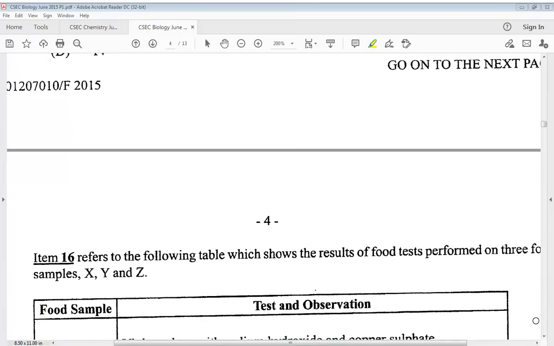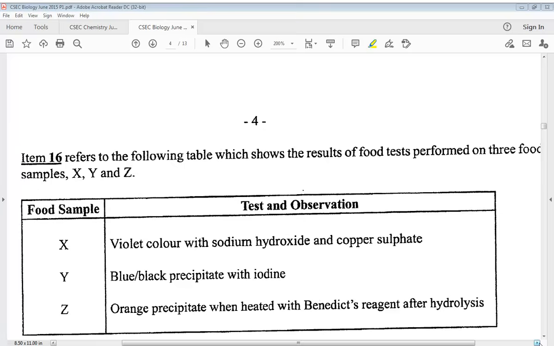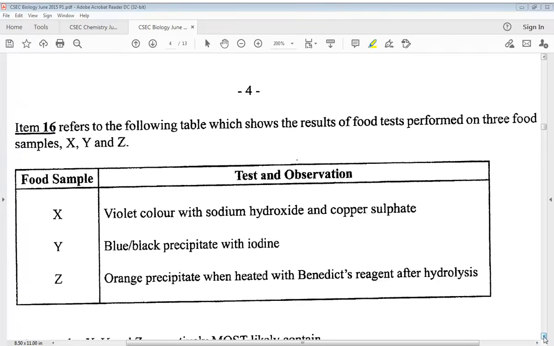Item 16 refers to the following table, which shows the results of food tests performed on 3 food samples, X, Y, and Z. So X, violet color with sodium hydroxide and copper sulfate. Y, blue-black precipitate with iodine.